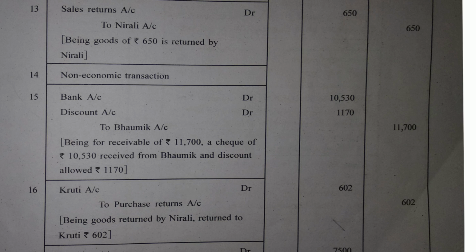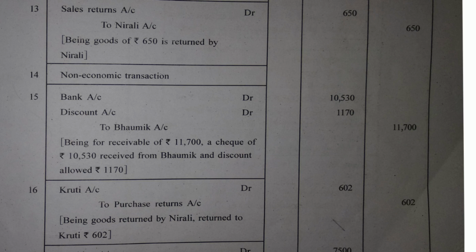And hence, discount account has been debited here because it is our expense. And we have received a check for remaining amount, that is 10,530. 11,700 minus 1,170. So the check is received of 10,530 and hence bank account debit 10,530.